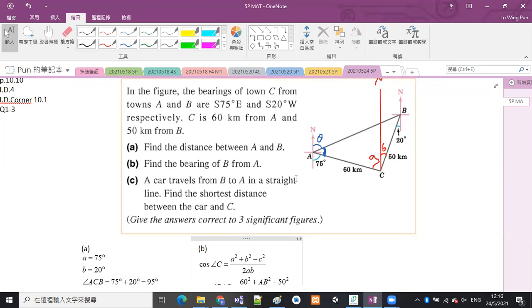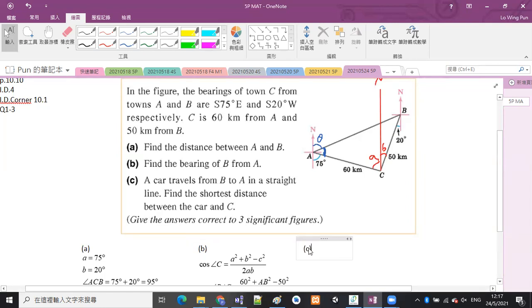You remember? So my keyword last Friday is that the shortest distance between the car and point C should be the perpendicular distance from C to the path of the car. That is from C to AB. Okay? Please write this down. This is important.